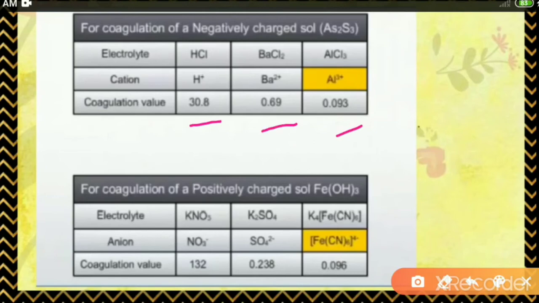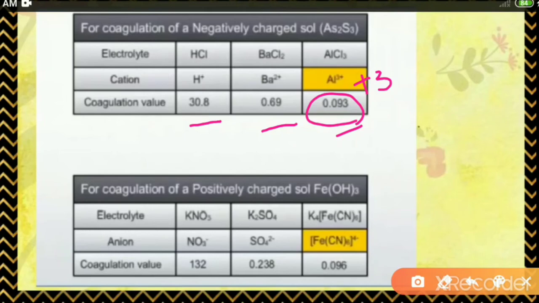Which has the lowest coagulation value? That is this value. That means aluminium, having plus 3 charge, that is the greater valency, has a lower coagulation value. That means the lesser the coagulation value, the greater will be the effectiveness for coagulating the sol.